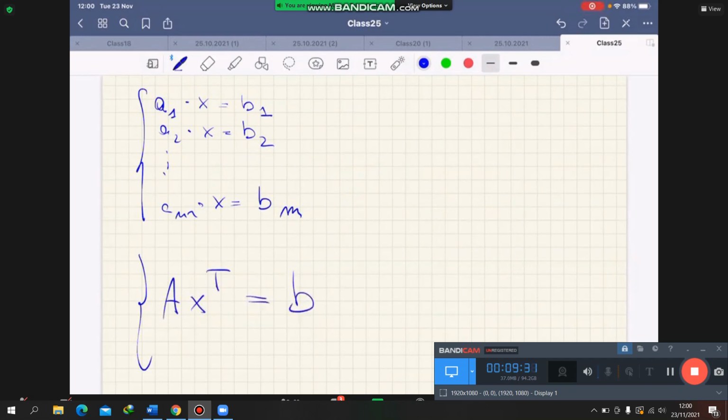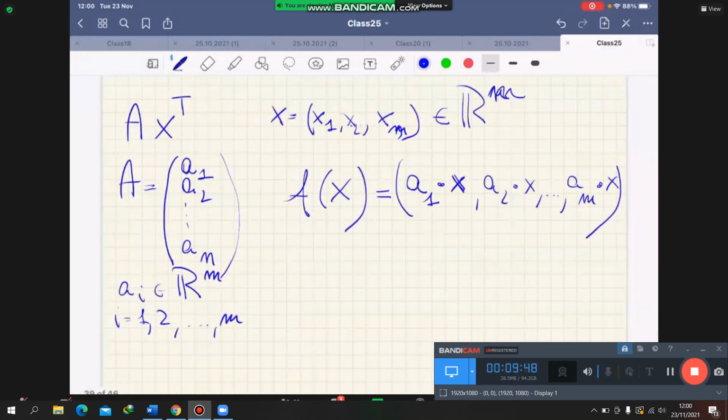A x^T equal b^T, where b^T is b1, ..., bm. Sorry, here I made a mistake and nobody observed. Very bad. There are n vectors.